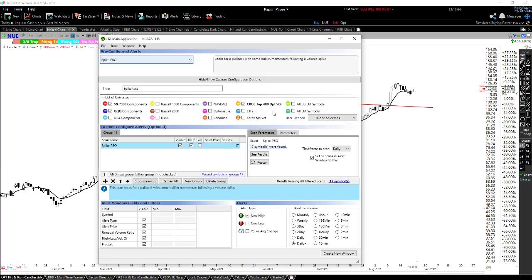While we're here, I do want to share something with you. And what I'm going to do is spike test. Let's say, you know what? We'll save this for tomorrow. And I'm going to show you how to use this on all US symbols or all LTA symbols or Canadian symbols or anything.